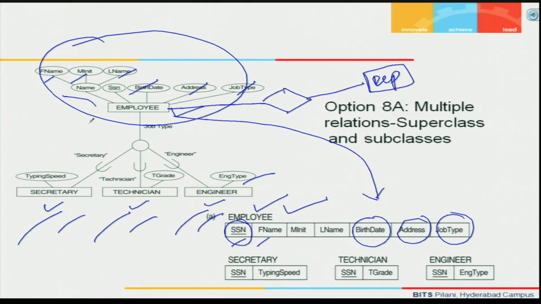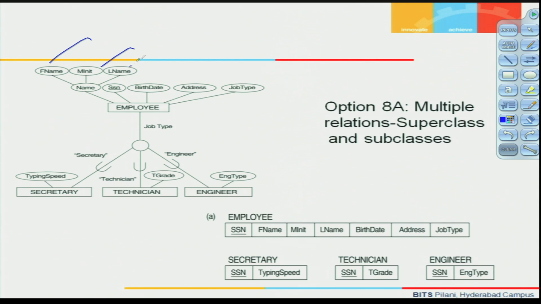Since name is a complex attribute, according to the rules we have already seen in the previous slides, pick the individual components of the complex attribute and make them simple attributes or fields of the relation schema. So the subcomponents of name, that is F name, middle initial and last name, have become regular attributes of the relation employee. So this is the mapping of the superclass into a relation.